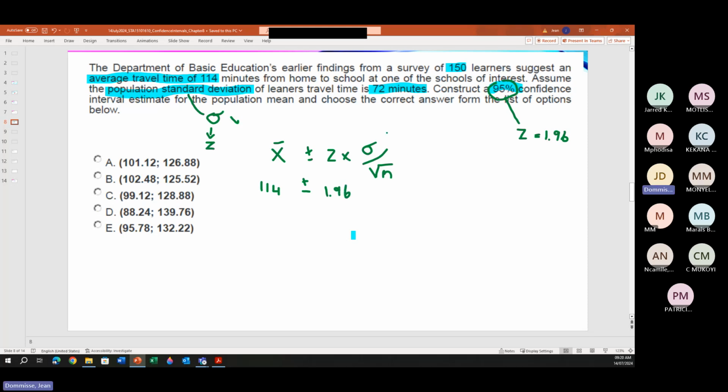They told us the standard deviation is 72 and the n is 150. Okay, so that will give us, unfortunately, some decimals, but that's fine.